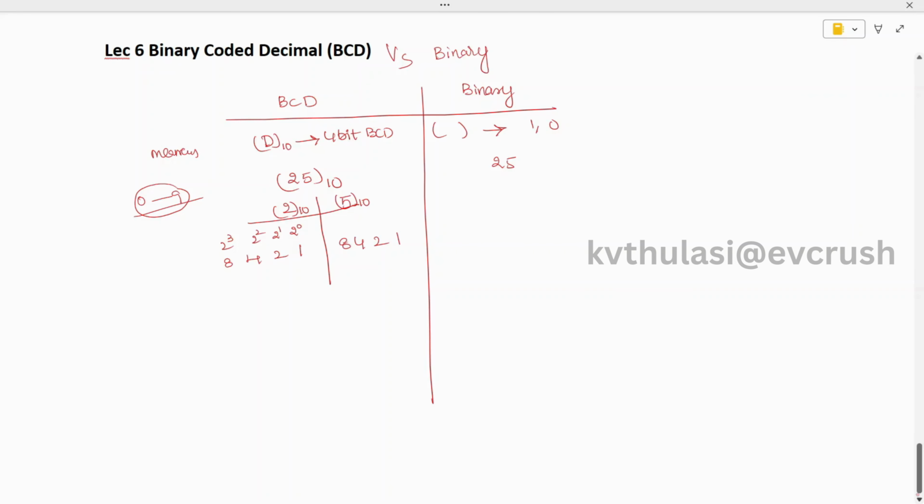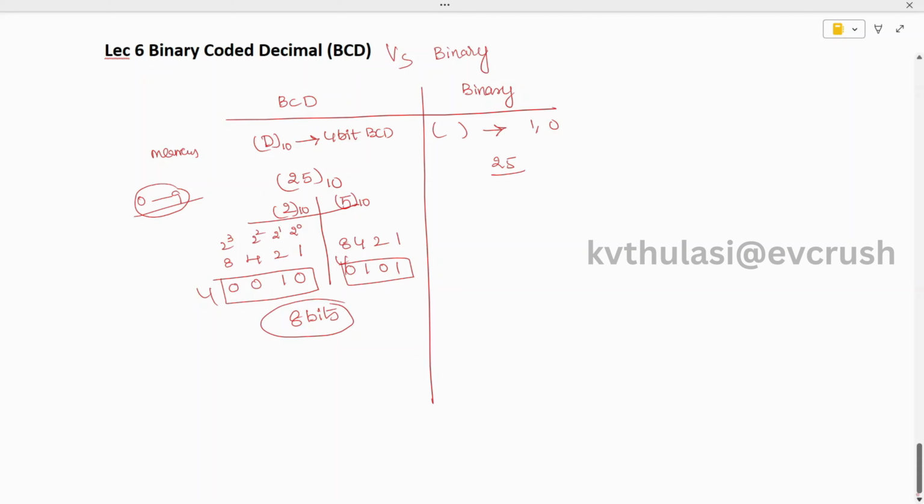How to write 2? 2 means 0, 0, 1, 0. How to write 5? 0, 1, 0, 1. These are 4 bits and these are 4 bits. Totally 4 plus 4, so to write 25 in BCD form we have 8 bits.